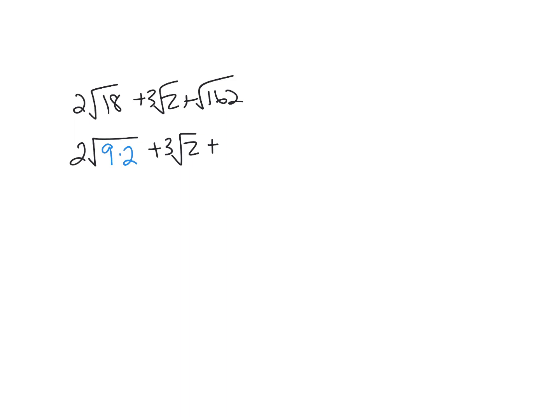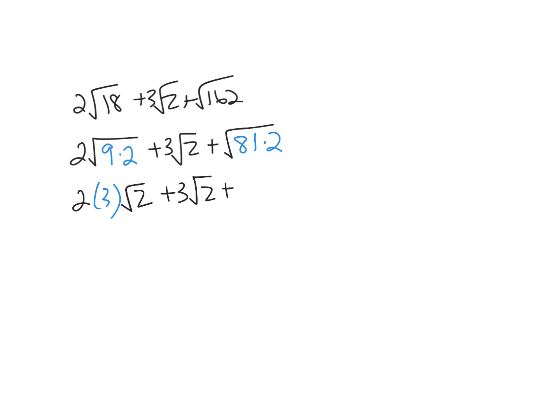So square root 162 we can rewrite as 81 times 2. So square root of 9 is 3. That can get booted outside. 2 stays underneath the radical.